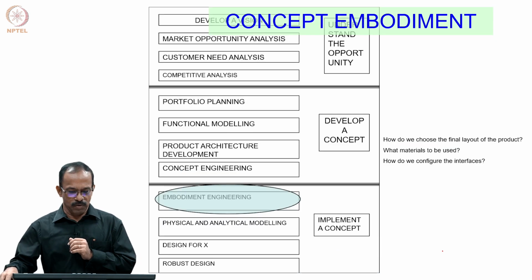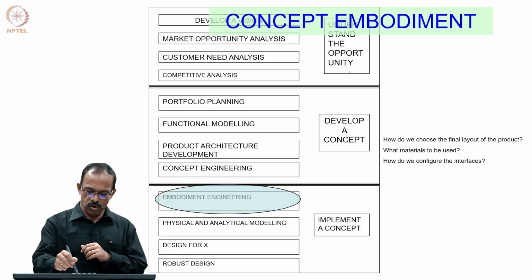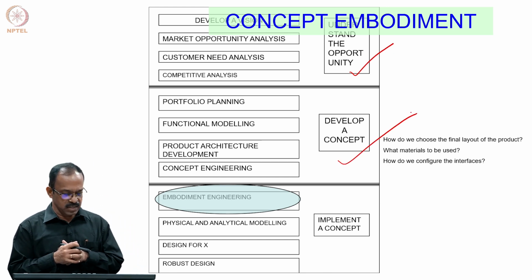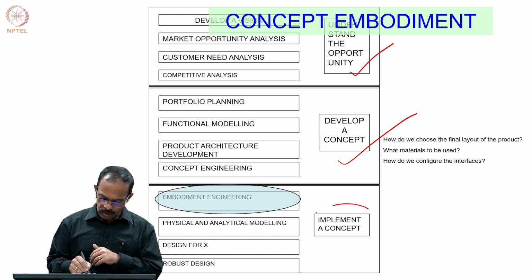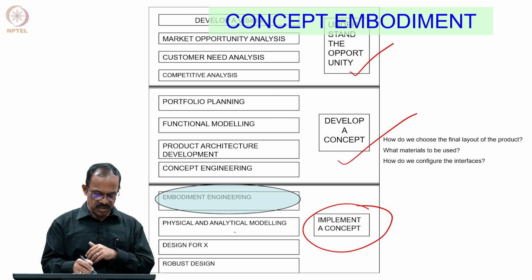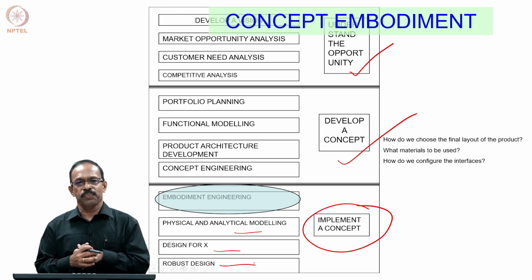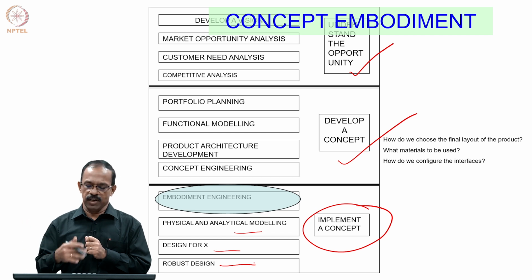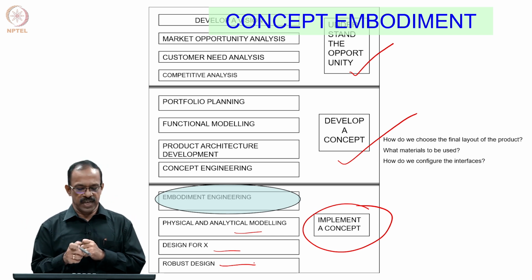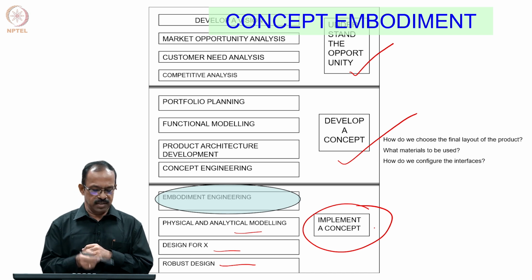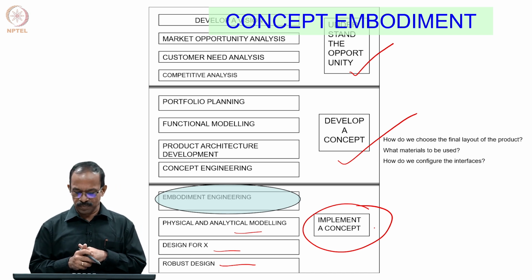So, to provide a summary, the understand the opportunity part we completed, and the develop a concept part also we completed, and the next one is implement a concept, which goes with embodiment engineering, analysis, design for X, robust design, etc., which you will be able to learn in other courses, as you can choose some courses which discuss embodiment engineering, modeling and design for X, etc. Okay.